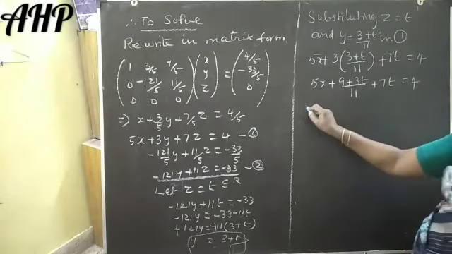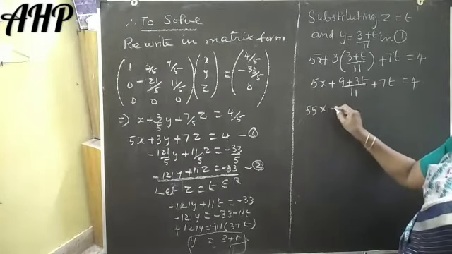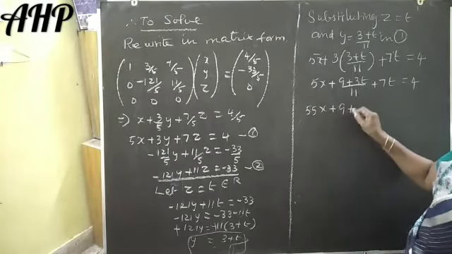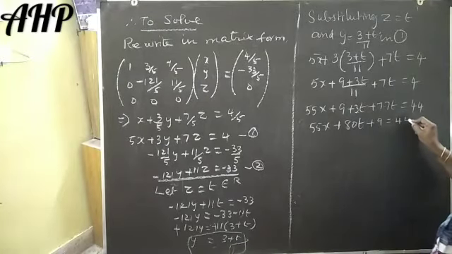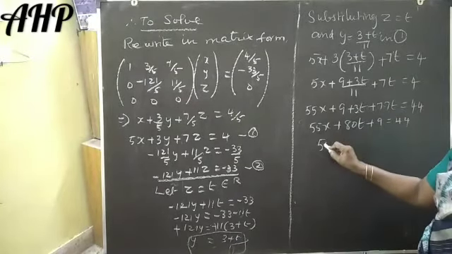Taking LCM as 11, 55x plus 9 plus 3t plus 77t is equal to 4 into 11. So 55x plus 80t plus 9 is equal to 44.